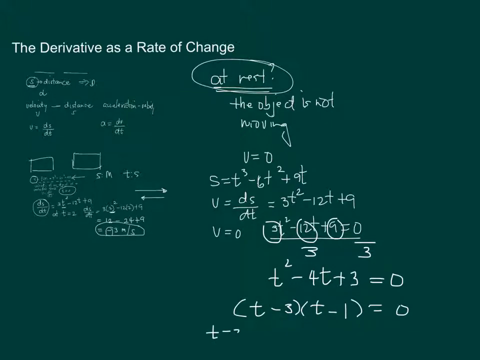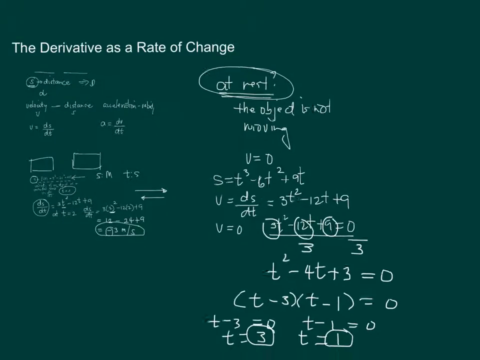So t minus 3 is 0, or t minus 1 is equal to 0, and that means t is equal to 3 or t is equal to 1. In other words, the object is at rest after 1 second and after 3 seconds. Okay, so that's another possible scenario in which a velocity distance problem can be given.